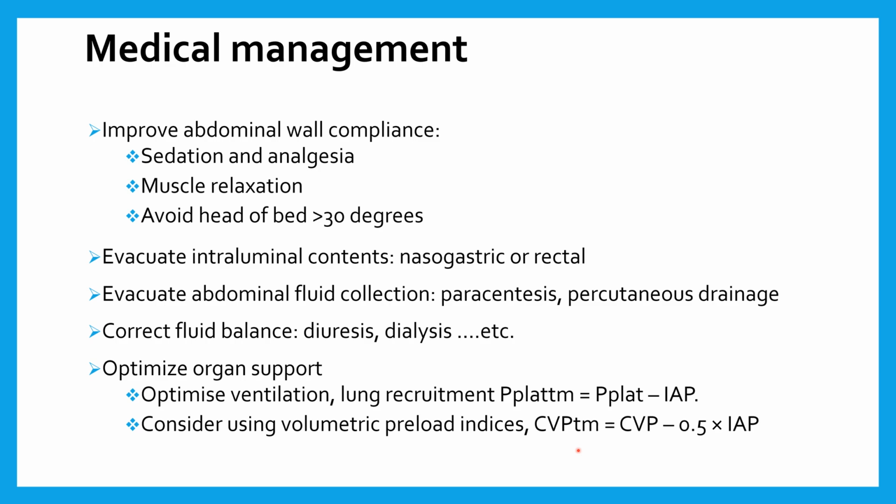The transmural CVP here will be different from the usual CVP in other patients. If the abdominal pressure in this patient is 20 and we have a CVP reading of 10, it will be 10 minus 0.5 multiplied by the intra-abdominal pressure, which was 20, so 10 minus 10 will be equal to 0. So we have to give this patient more filling.